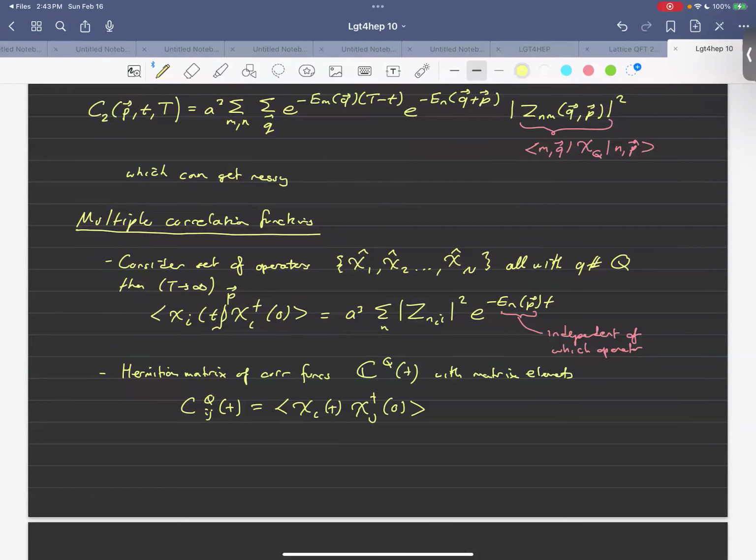And now I'm going to drop momentum labels and so on. And so this is an m by n matrix. And it will give us a sum over n of z_nI z_nJ dagger e^(-E_n t).